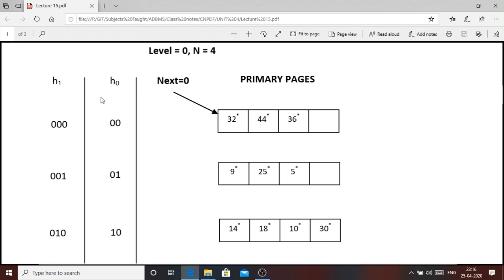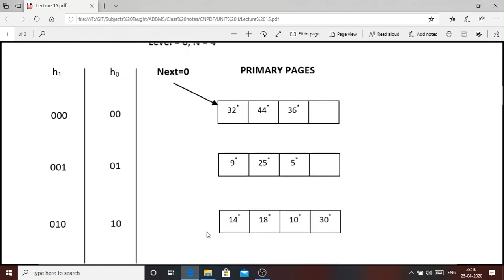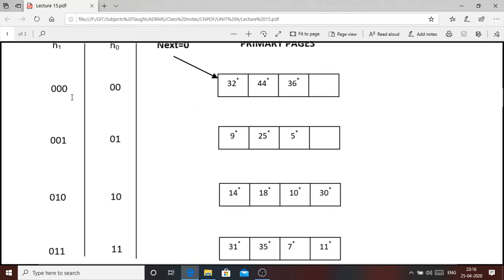So initially it identifies with 00, 01, 10, and 11. The corresponding values for h1 are 000, 001, 010, 011. But after that there are 4 more values which will only be recognized when the buckets are split. Initially we will just have these values.